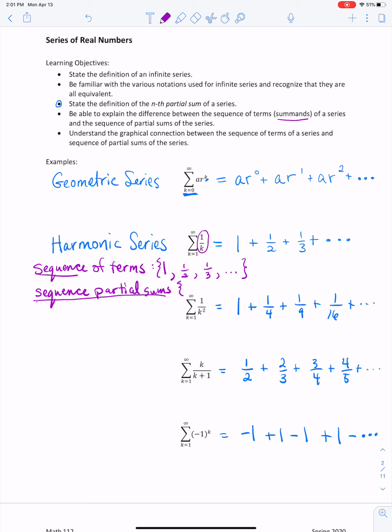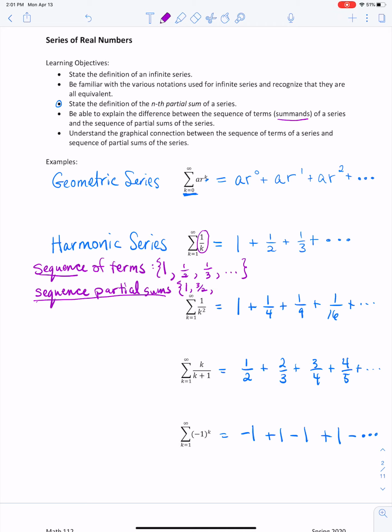So the first item in the sequence of partial sums is just the sum of the first term, so it's just 1. Then the second item is the sum of the first 2 terms, so it's going to be 3 halves.